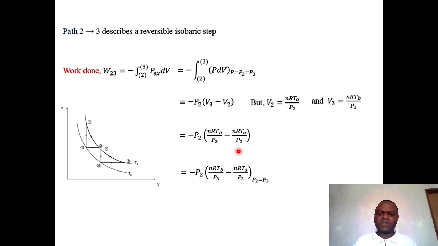We know that at points 2 and 3 the pressure is the same, so P2 and P3 cancel, and this simplifies to minus nR in brackets TB minus TA. So this will be the work done from 2 to 3.